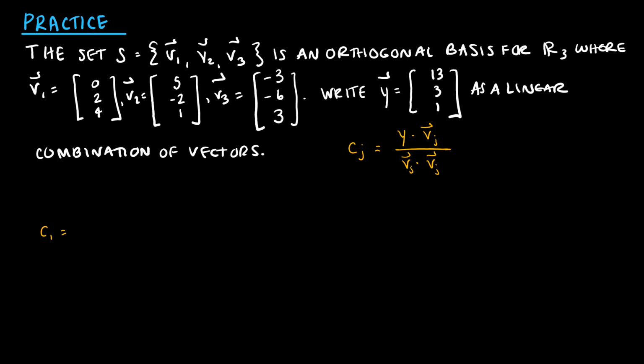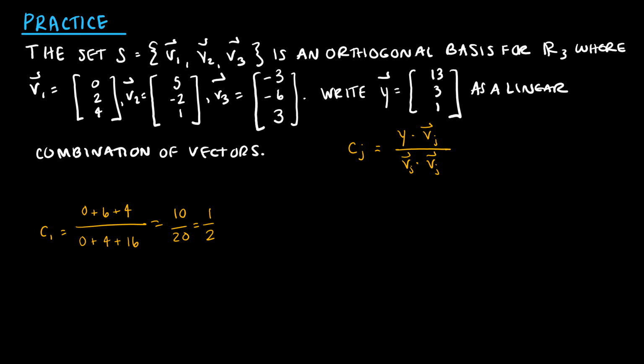So y dot v1 would be 0 times 13, or 0, plus 2 times 3, which is 6, plus 4 times 1, which is 4, which gives me 10. And the denominator of my fraction would be the dot product of v1 with itself. So 0 times 0, 2 times 2, and 4 times 4, which gives me 10 over 20, or 1/2.